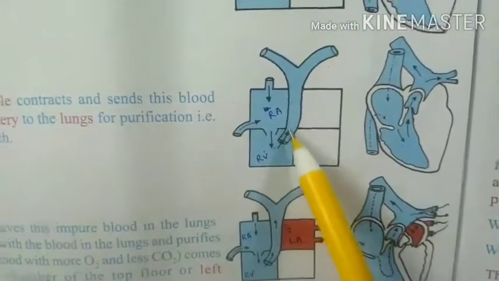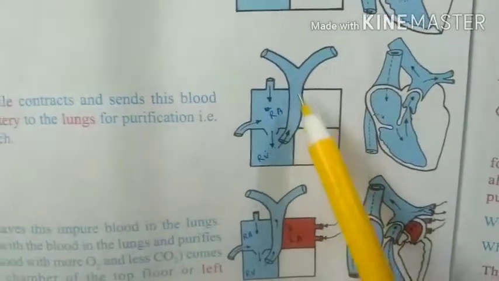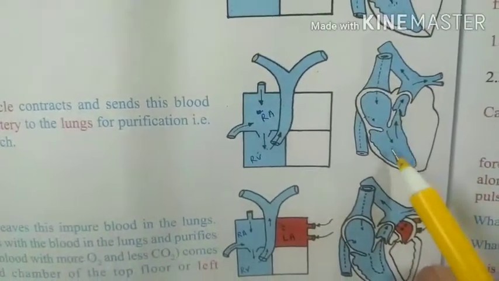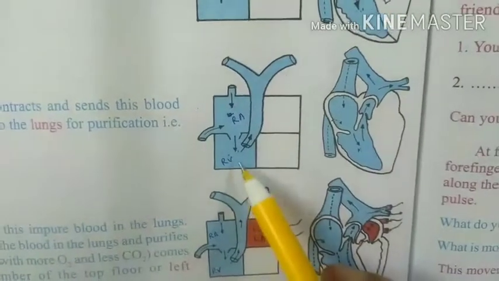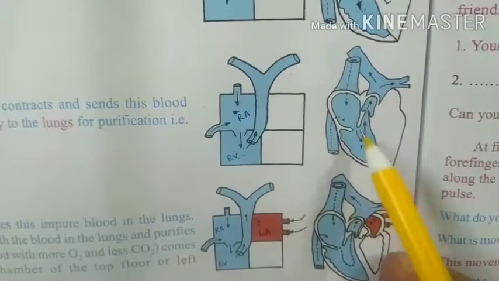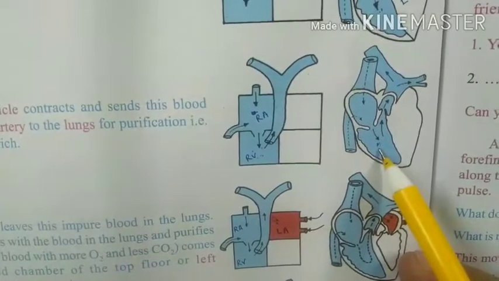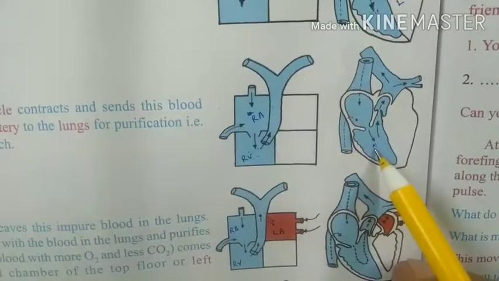Now come to this picture. This is the pulmonary artery. The pulmonary artery arises from the right ventricle. This is the right ventricle. When impure blood comes into the right ventricle, it expands. And then the right ventricle contracts.